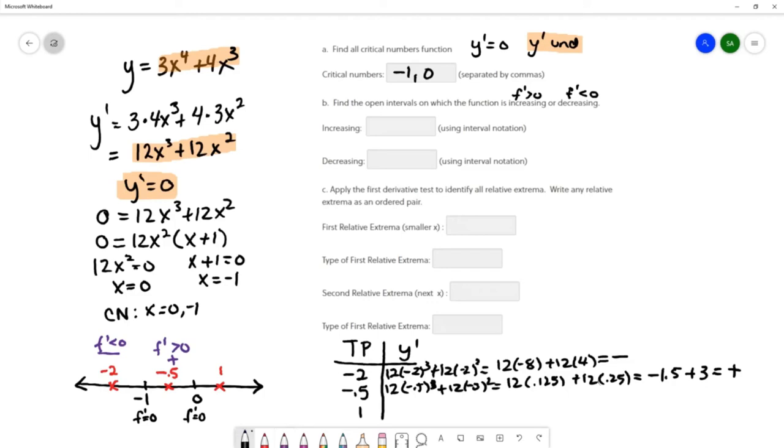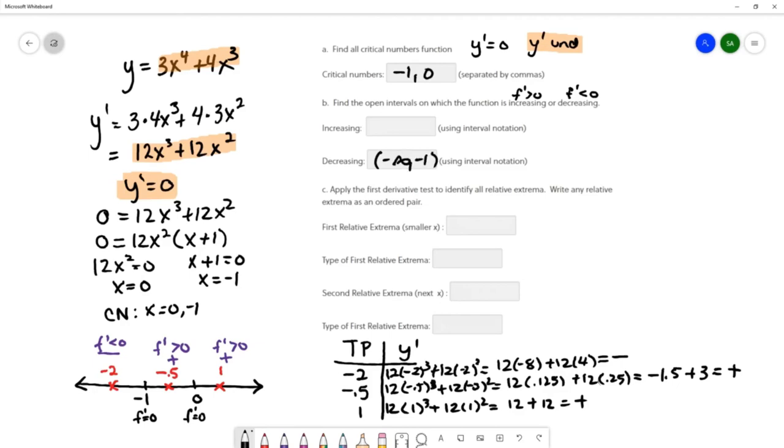And then our final test point, 12 times 1 cubed plus 12 times 1 squared, that is 12 plus 12, which is a positive. So we have a positive for our derivative in that last interval. Because the derivative was negative on the first interval, the function is decreasing from -infinity to -1.